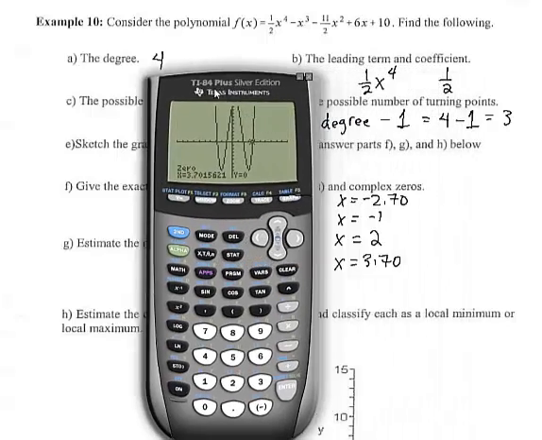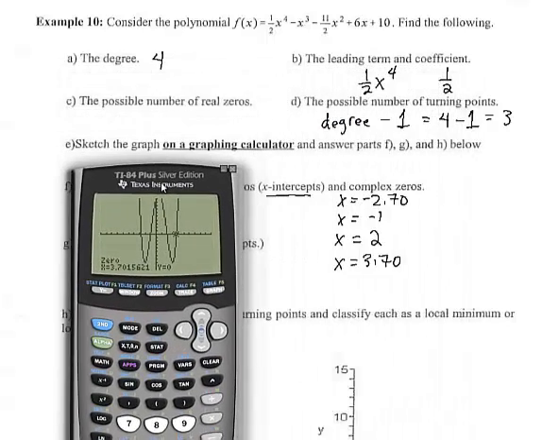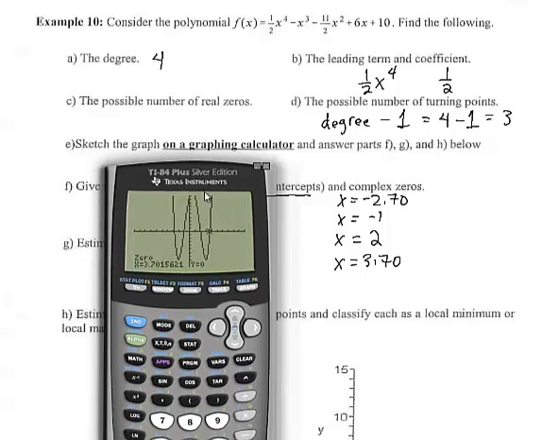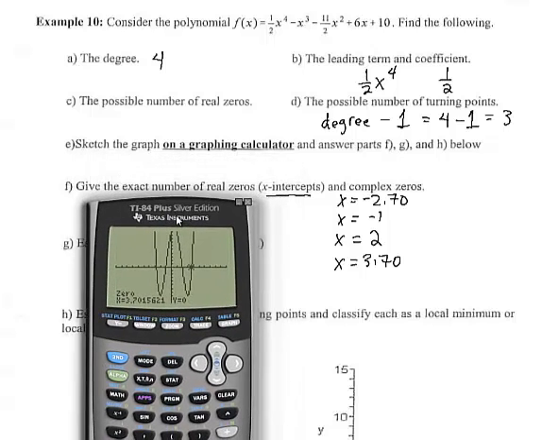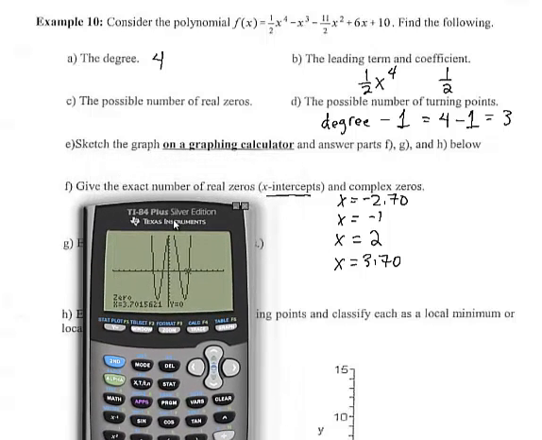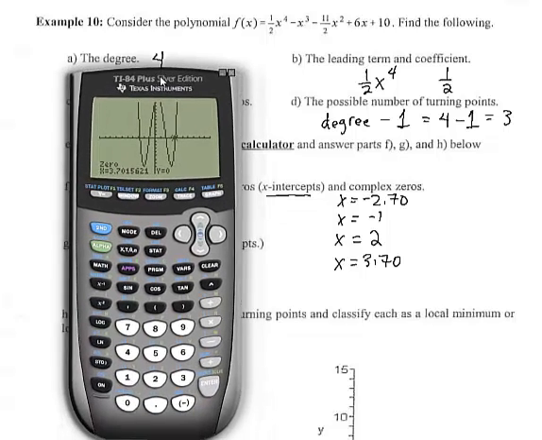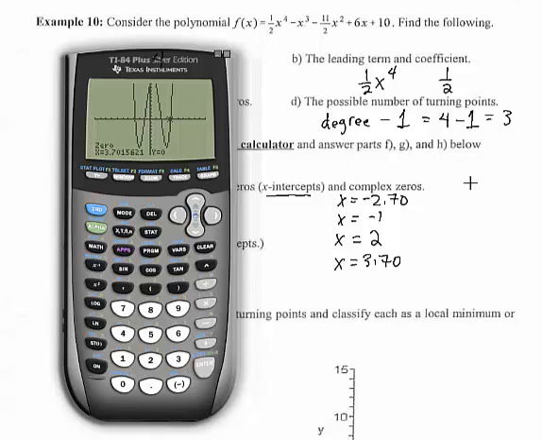F, okay, we've sketched the graph on the calculator, obviously. F, we gave the exact number of real zeros. There were 4, and there are 0 complex zeros.